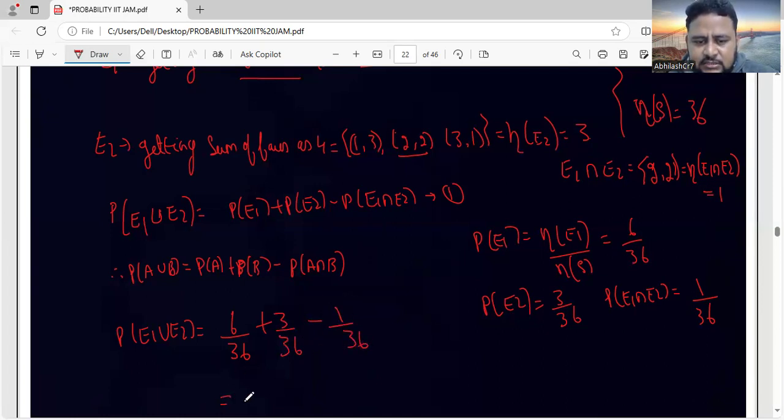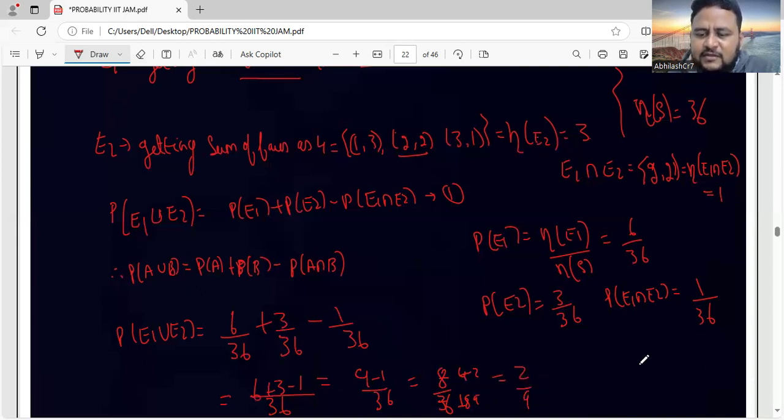The denominator 36 is the same. So 6 plus 3 is 9, 9 minus 1 is 8. That is 8 by 36. If you cancel this, 2 fours are 8, 2 eighteens are 36, so you'll get 2 by 9.